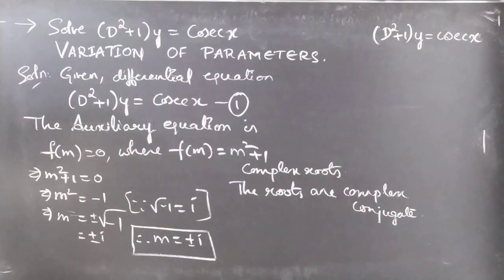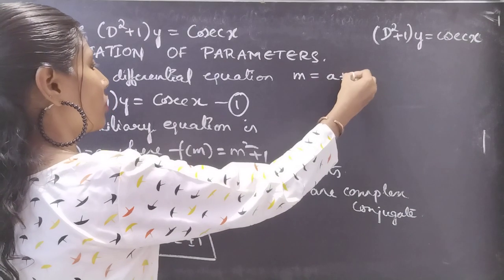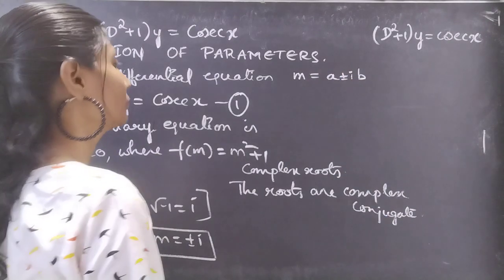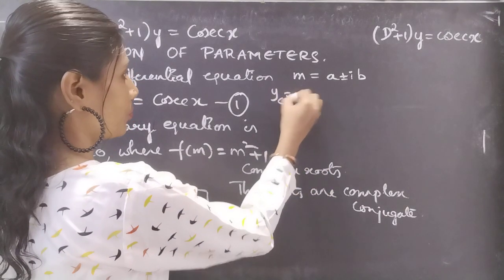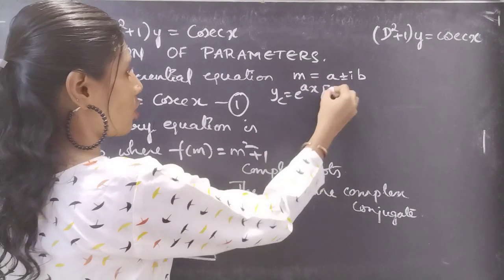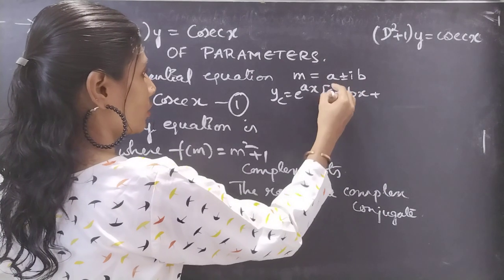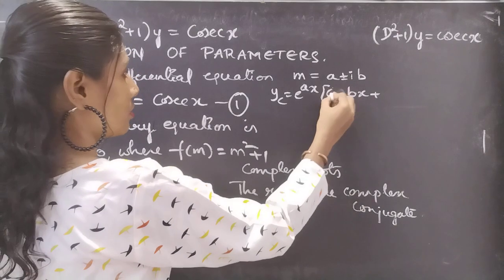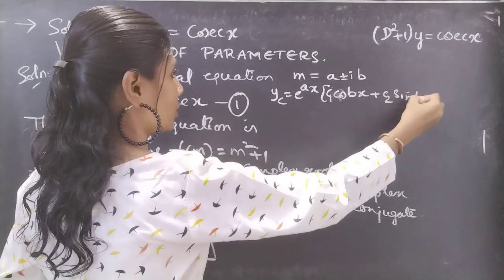We know that if m equal to a plus or minus ib, then yc will be e power ax into (c1 cos bx plus c2 sin bx).